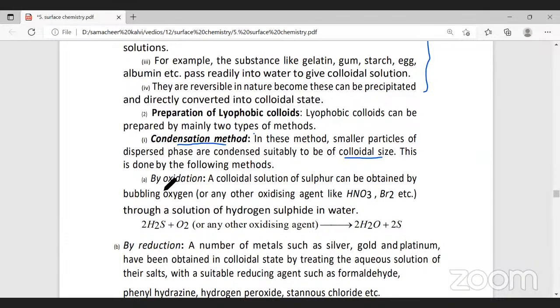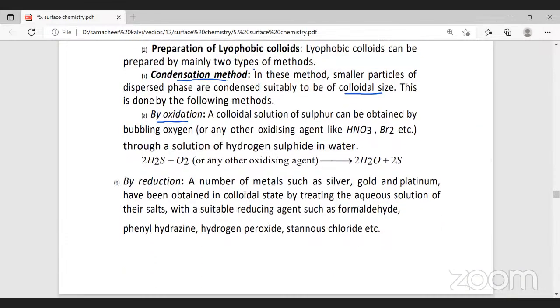The first one is by oxidation. A colloidal solution of sulfur can be obtained by bubbling oxygen through a solution of hydrogen sulfide. In hydrogen sulfide, sulfur has a -2 charge.